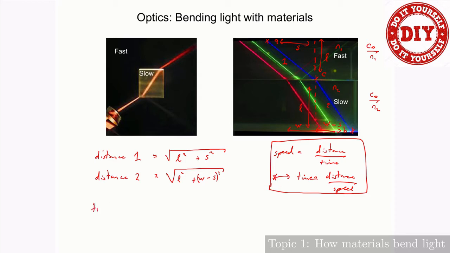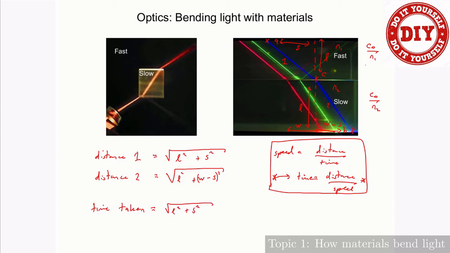So the time taken is going to be the sum of the two times: the time it took to get from A to C, and then the time it took to get from C to B. So let's work that out. Using this formula that I've starred, the first distance divided by the first speed. The first distance is the square root of L squared plus S squared.